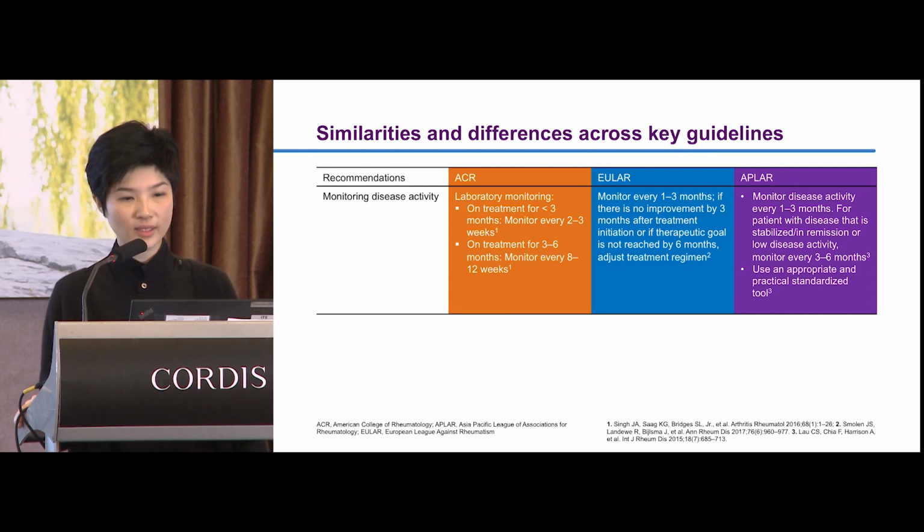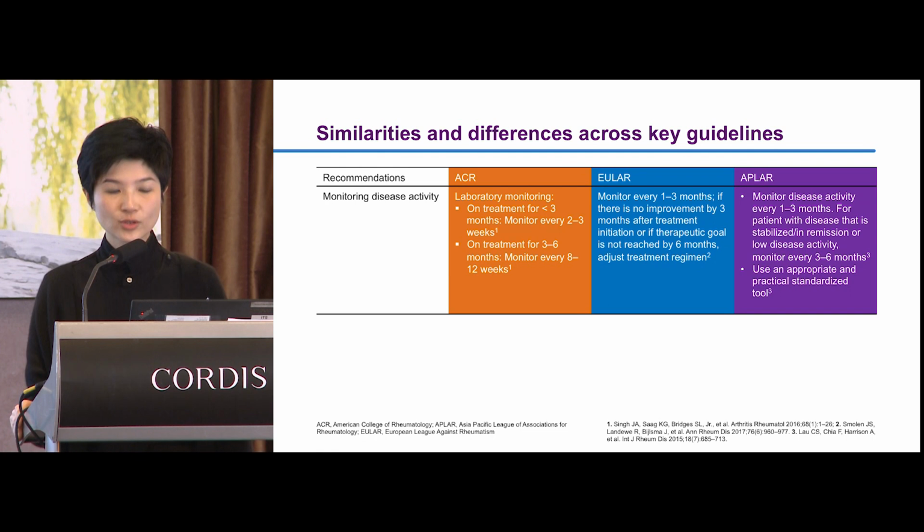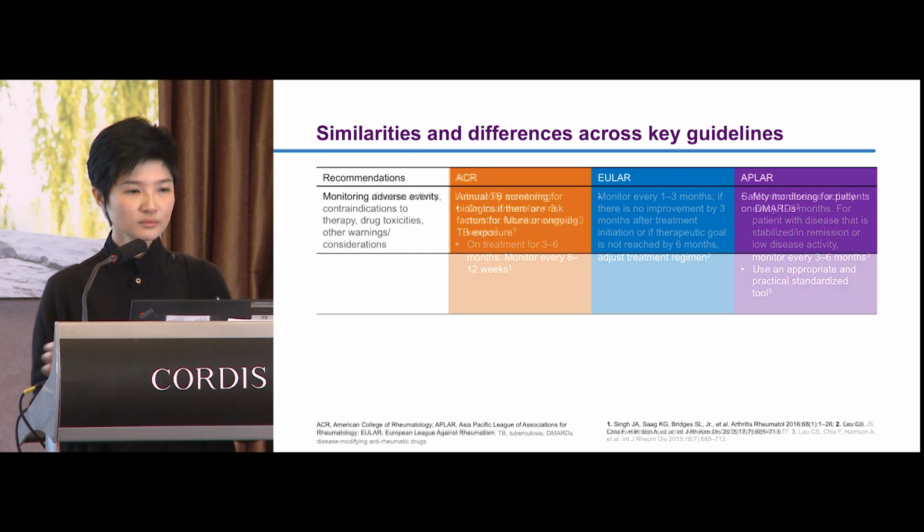And APLAR also recommends that we should use appropriate and practical standardized tools. That is what we talk about: the health assessment questionnaires and the DAS28 scores. We will discuss these assessment instruments in the later part of my presentation.